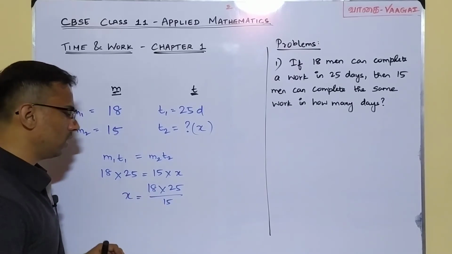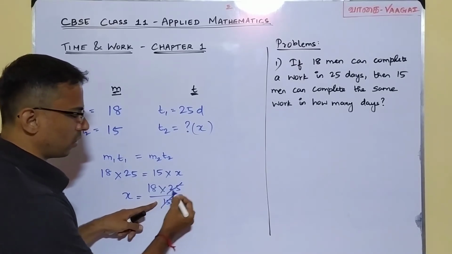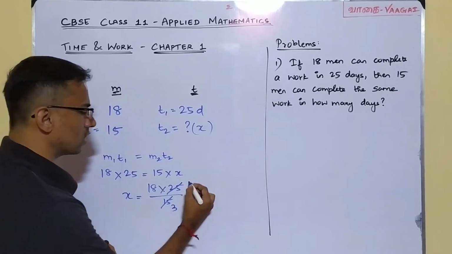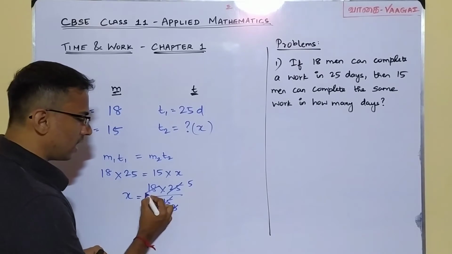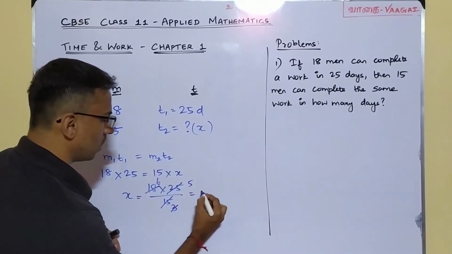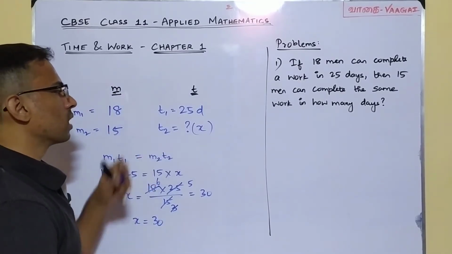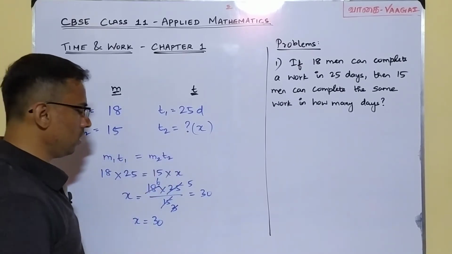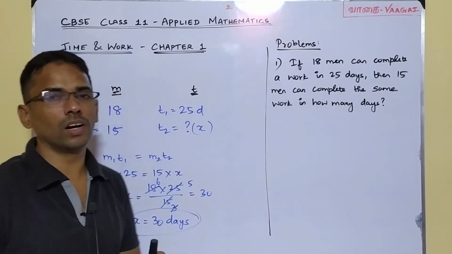Now to simplify, 15 and 25 are both divisible by 5: 5 3s are 15 and 5 5s are 25. And 3 and 18: 3 6s are 18. So we get 6 into 5, which is 30. That means x is equal to 30 days. So this group of 15 men will be able to complete the same work in 30 days. The answer for our first question is 30 days.